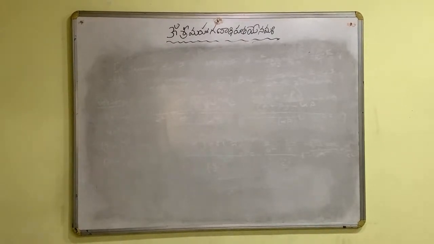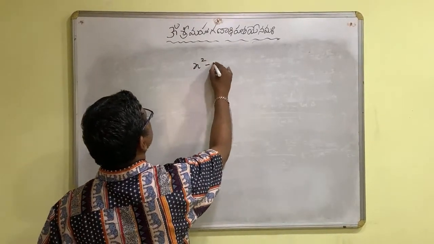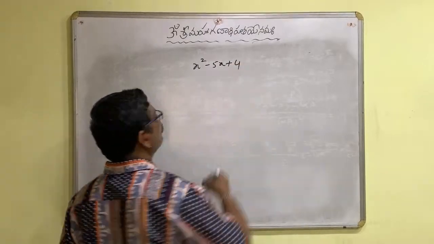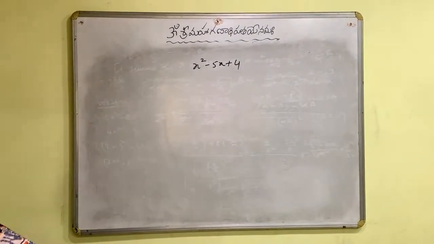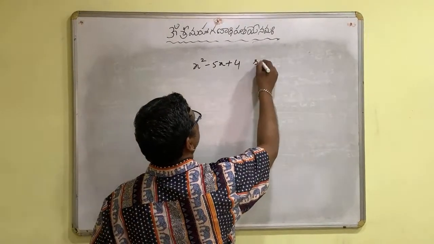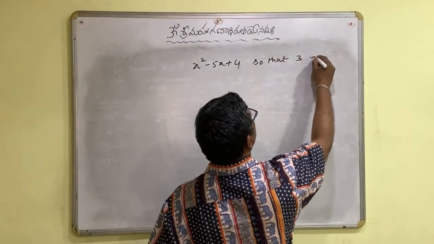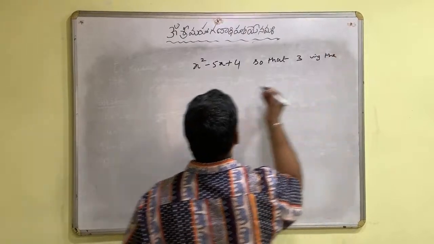What should be added to the polynomial x square minus x plus 4 so that 3 is the zero of it?